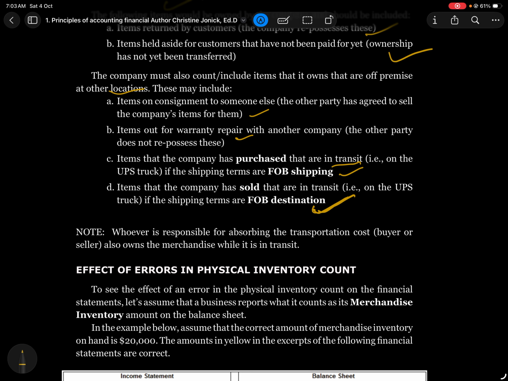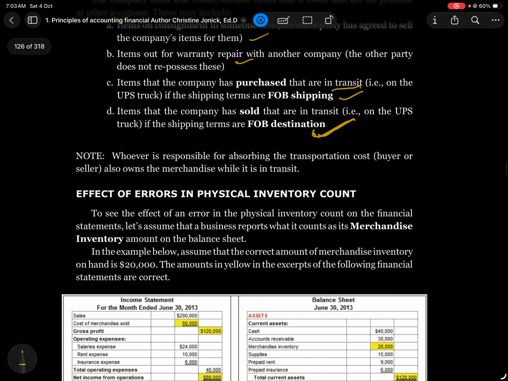So FOB destination means the seller is bearing all the cost to make sure that inventory reaches its destination. Whereas with FOB shipping, the buyer bears the cost, because as soon as it gets out of the seller's business, it's already ours.